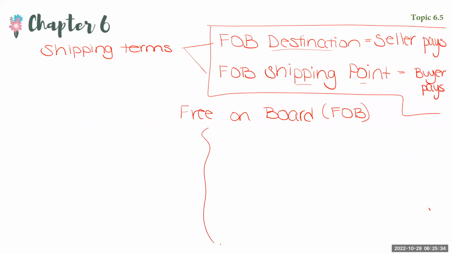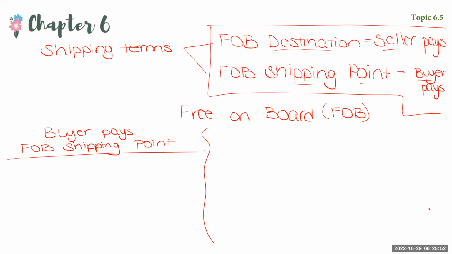All right. So let's look at seller and buyer. So let's say the buyer is paying. So if the buyer pays, then the terms must have been FOB shipping point. That's the case. The journal entry that they're going to make is going to be a debit to inventory.